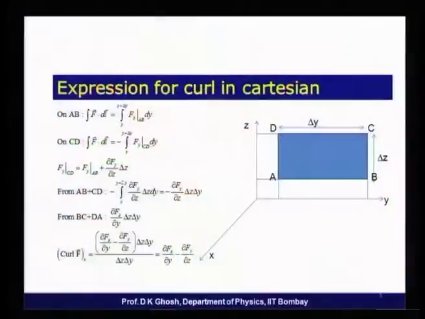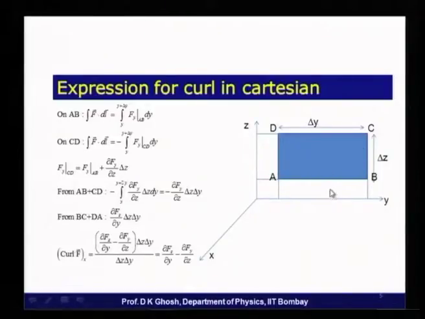So, what I have done is this: I have taken in the yz plane a small rectangle. This rectangle is of width delta y by delta z, delta y along the y direction and delta z along the z direction.